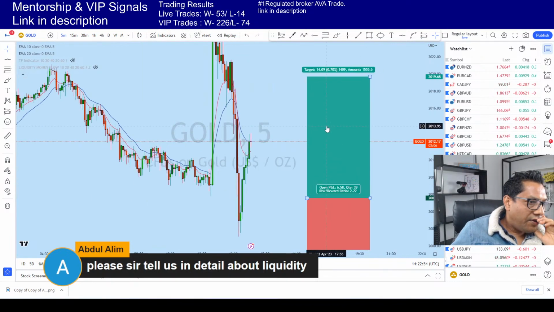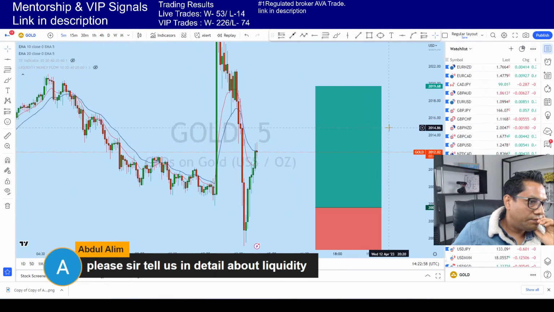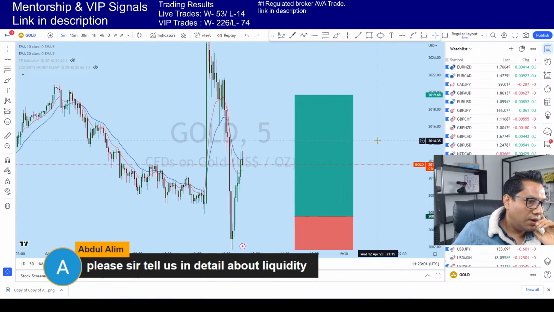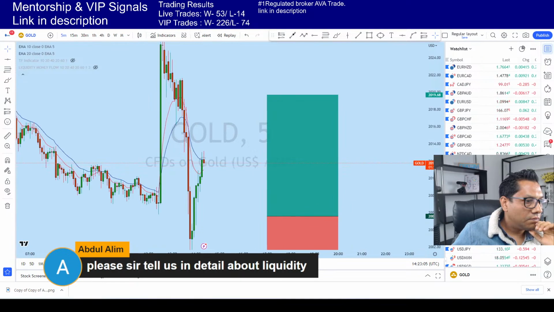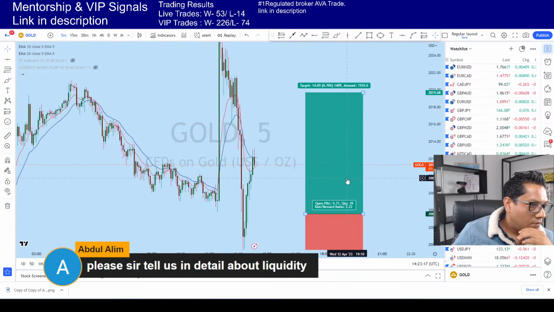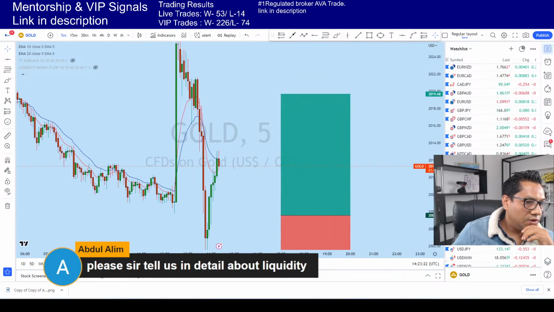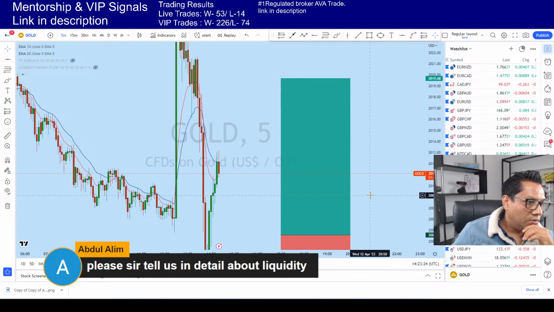So from the 5 minutes we can see it's still showing good movement to the upside. Sellers are trying to sell from this 20 EMA. I don't think that it will be very effective.